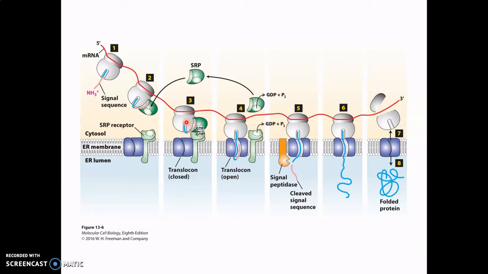So here in one movement, we get the hydrolysis of GTP, we get the ribosome sitting down, the pore opening up, and the signal sequence being released, allowing it to go into that pore.